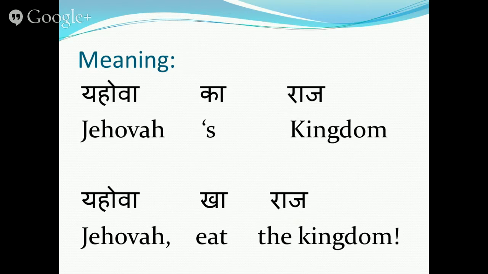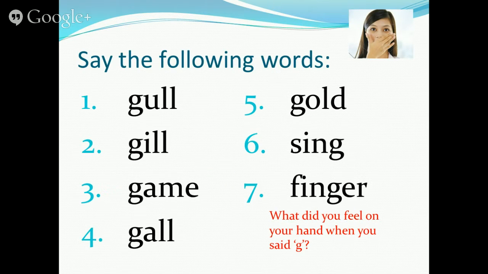Completely different. So this illustrates the importance of doing this and not moving on until we figure out how to do this. One has no air, one has air. Okay, so now we're going to move on.